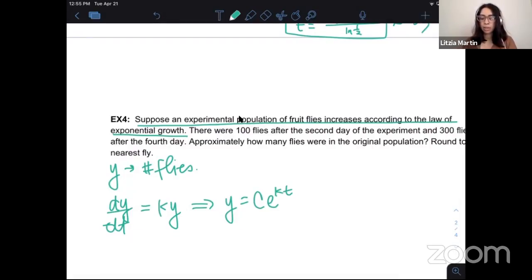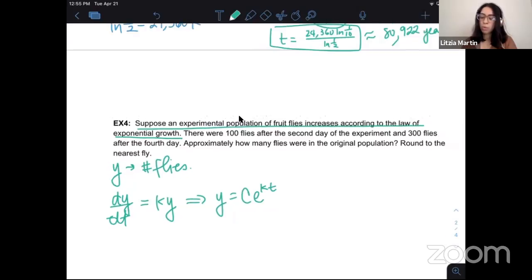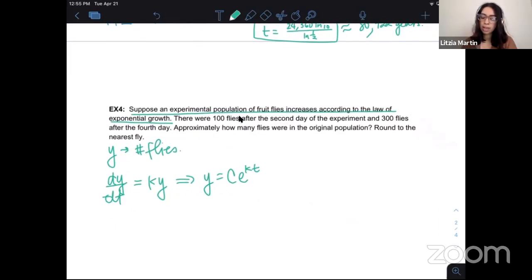Now we're getting somewhere. What we're trying to figure out is how many flies were in the original population. So to begin with, how many flies did we have? And they told us there were 100 flies after the second day and 300 flies after the fourth day.